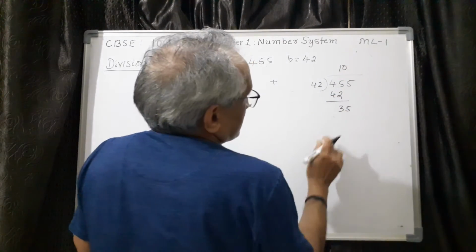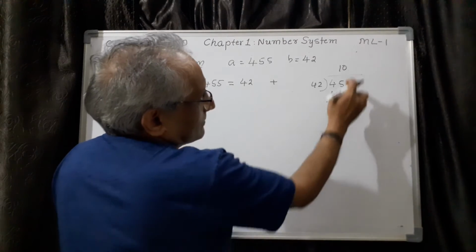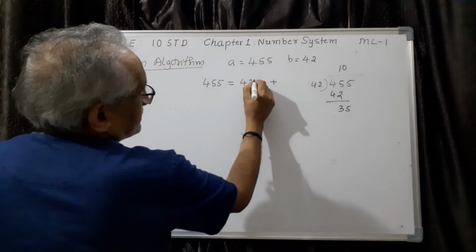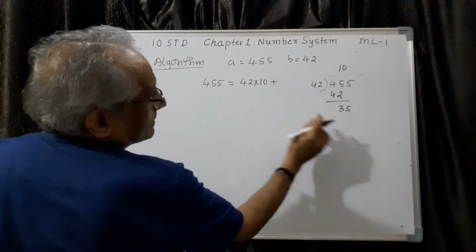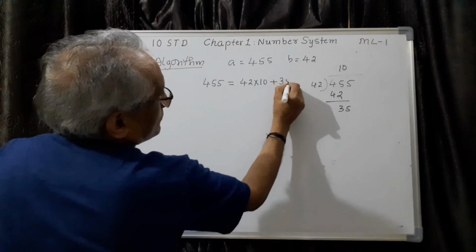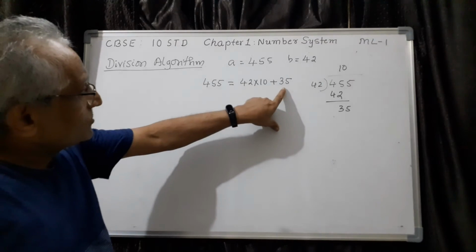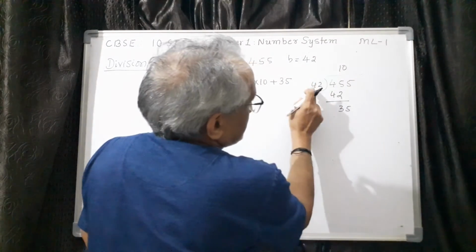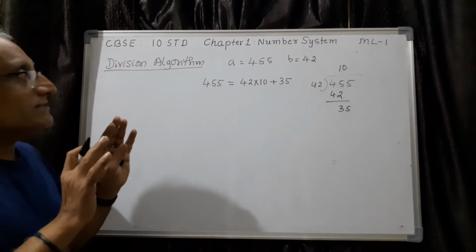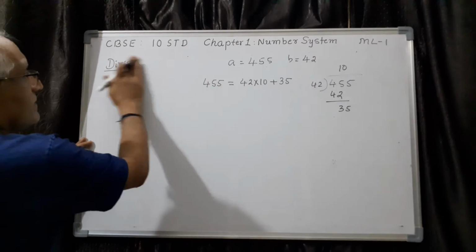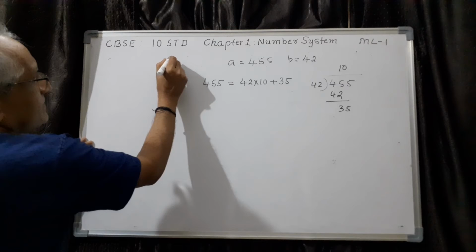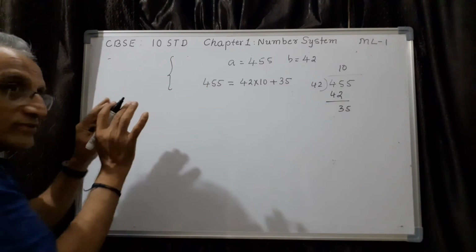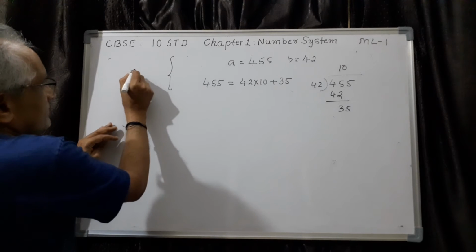Then 0, because you can't go further, otherwise it becomes a decimal division. So you can write this as 42 into 10 plus remainder 35. Now check this condition. R should be less than B, correct. So here it is 35 which is less than 42. So this is the first step. You need not write first step etc., but just for your understanding I am writing this is the first step.